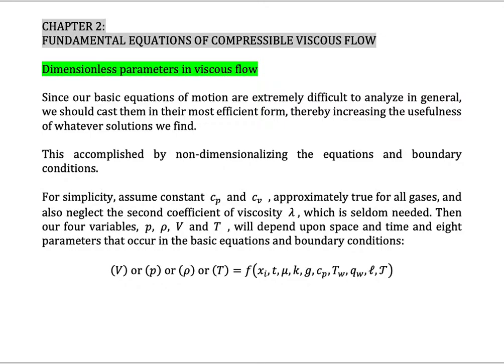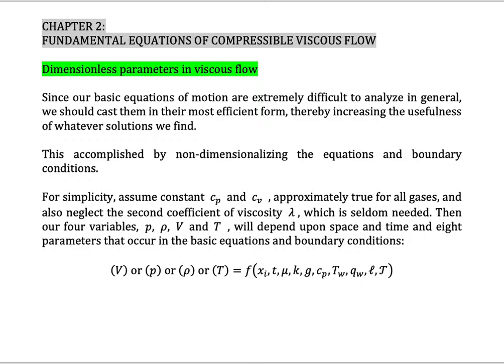Okay, so dimensionless parameter in viscous flow. Since our basic equations of motion are extremely difficult to analyze in general, we should cast them in their most efficient form, thereby increasing the usefulness of whatever solution we find. This is accomplished by non-dimensionalizing the equation and boundary condition.